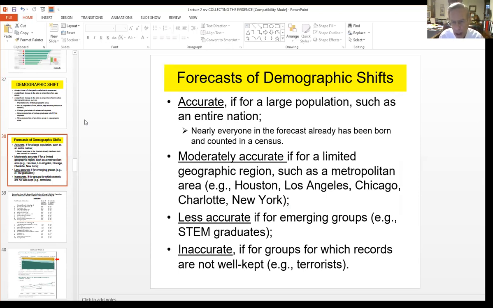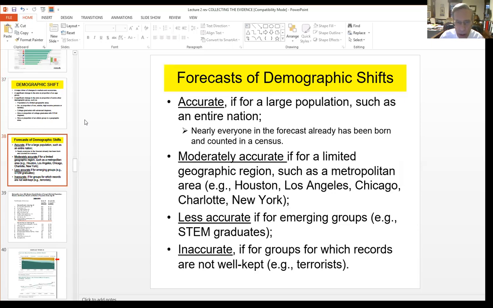And so by taking a look at the number of women who are of childbearing age, the average age that they have children, and the trend in the number of children they have, we can get pretty accurate in forecasting the population of very young people. But that's where we have to make some assumptions. So generally speaking, if we're talking about a whole nation, we can get very accurate in our population forecast.